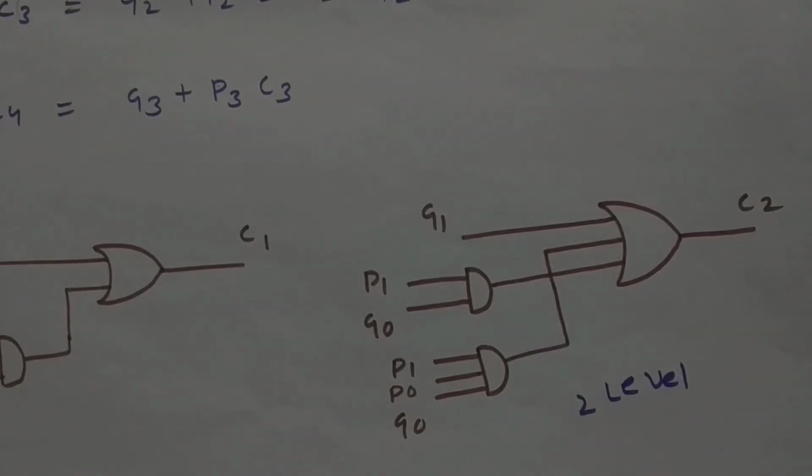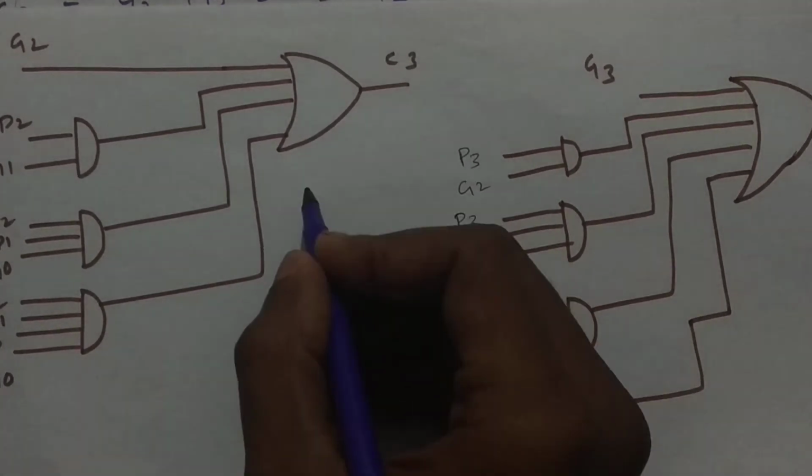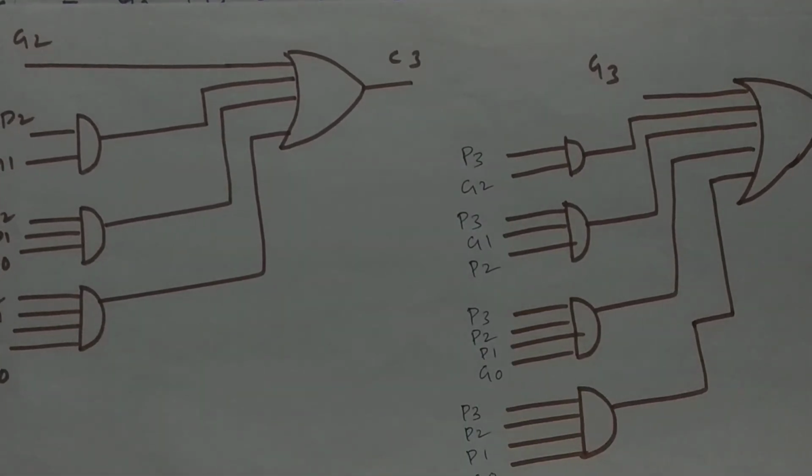Don't forget that. Even in C3 and C4, we have only 2 level delay. The number of gates is increased, but we are getting the carry 2 levels faster, compared to the ripple carry adder.